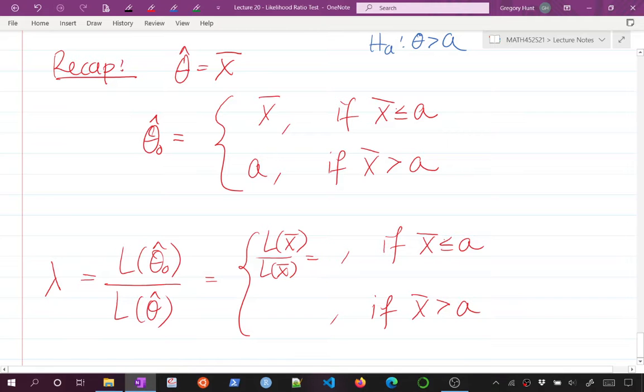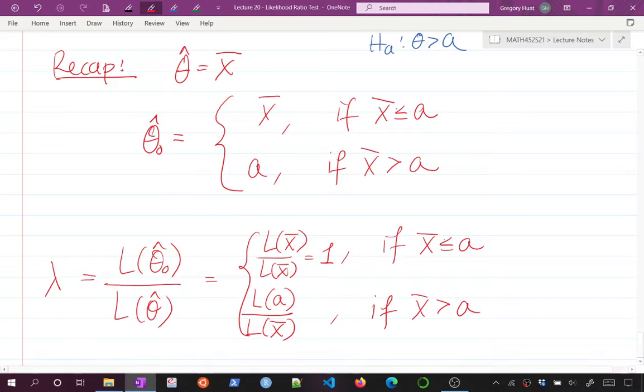That's supposed to be a 1. Because both the overall MLE and the restricted MLE are both x bar. Cool. If we are not in that case, then the restricted MLE is L of A, and the overall MLE is x bar.